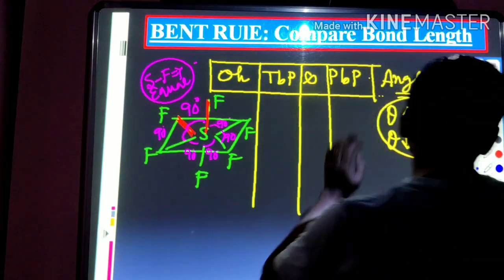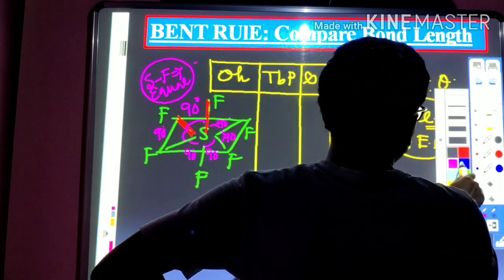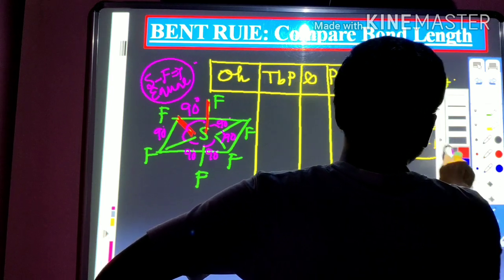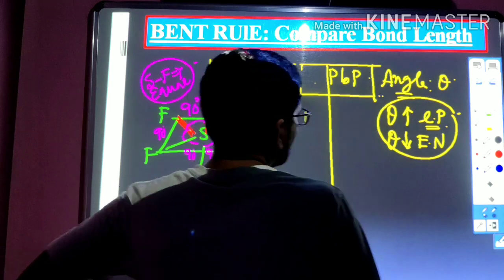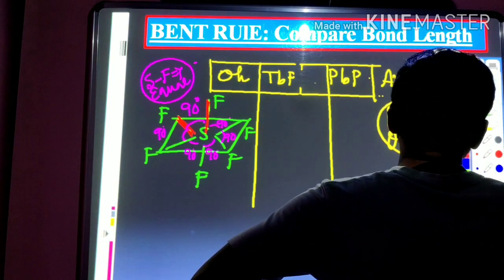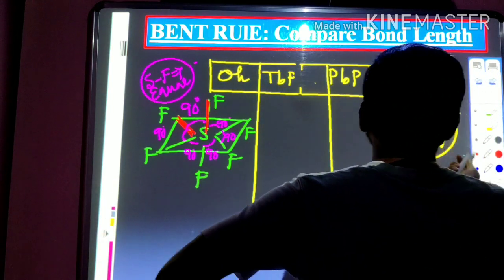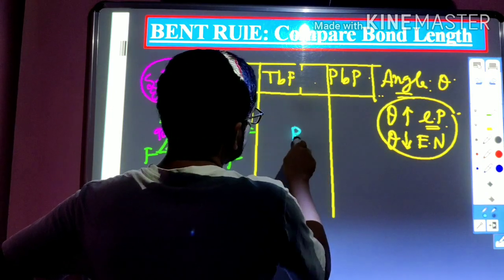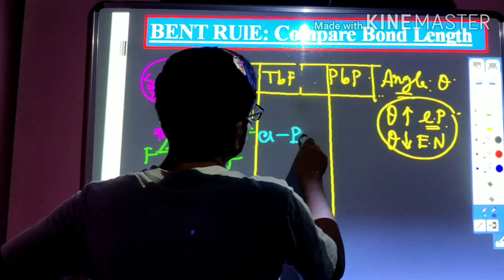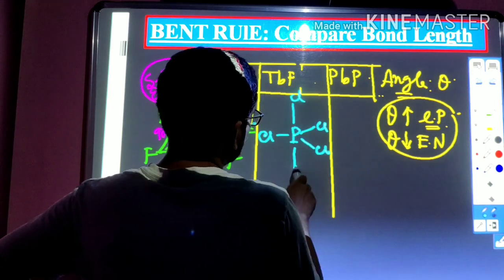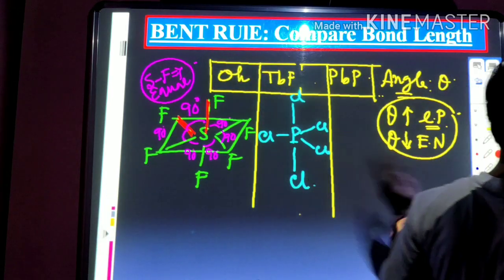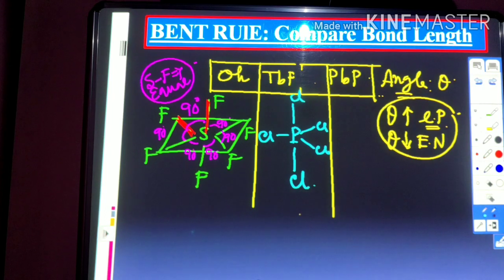Now come to TBP geometry, say PCl5. This is PCl5, TBP, trigonal bipyramidal.